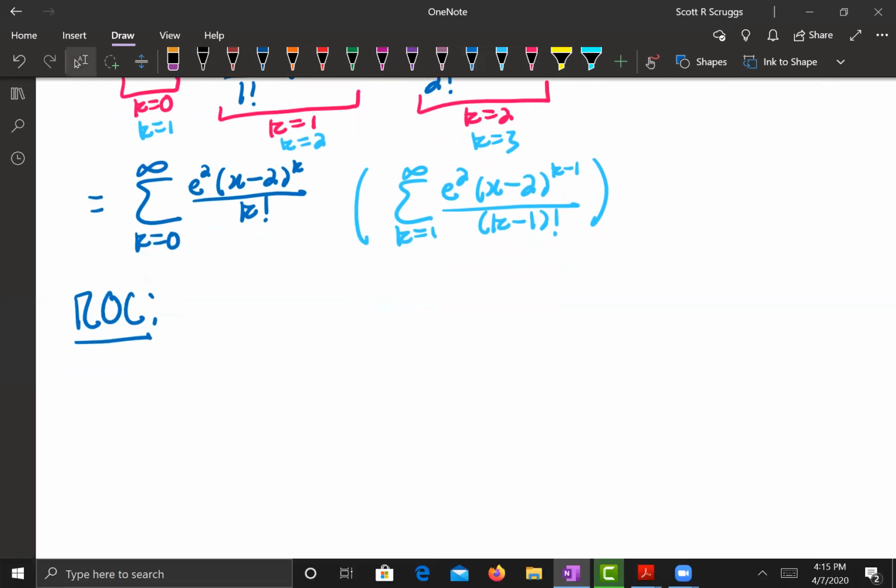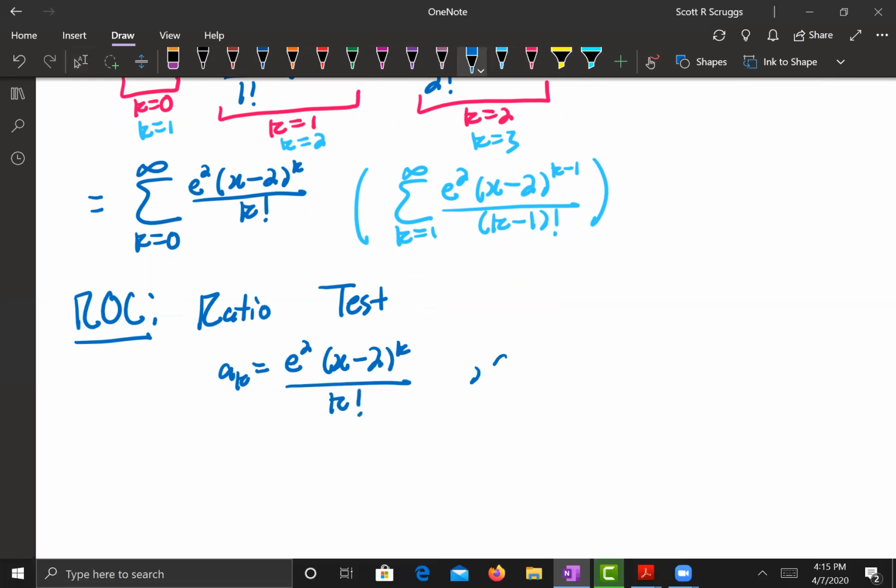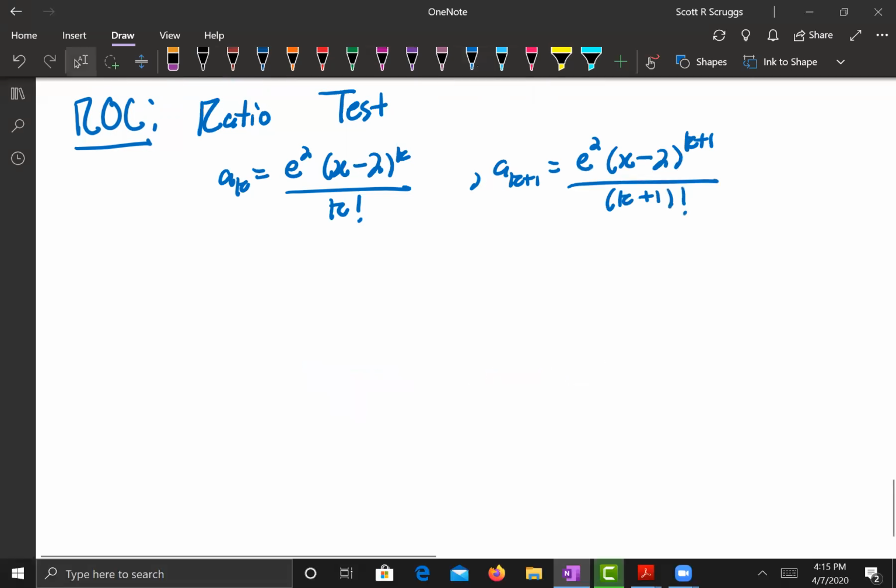Because I see a factorial, the test I'm going to choose is the ratio test. So let's define a of k and a of k plus 1. And now let's do that bad boy with calculating the limit of the ratios.